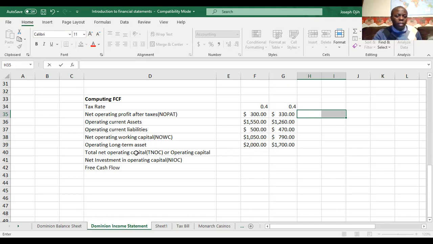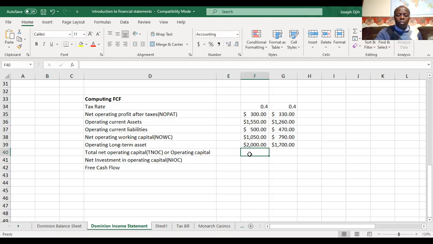So the operating capital just equals, you add this to this.